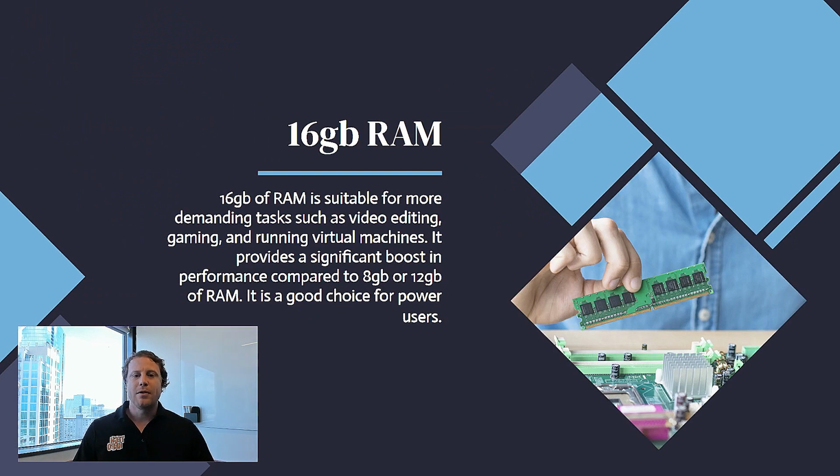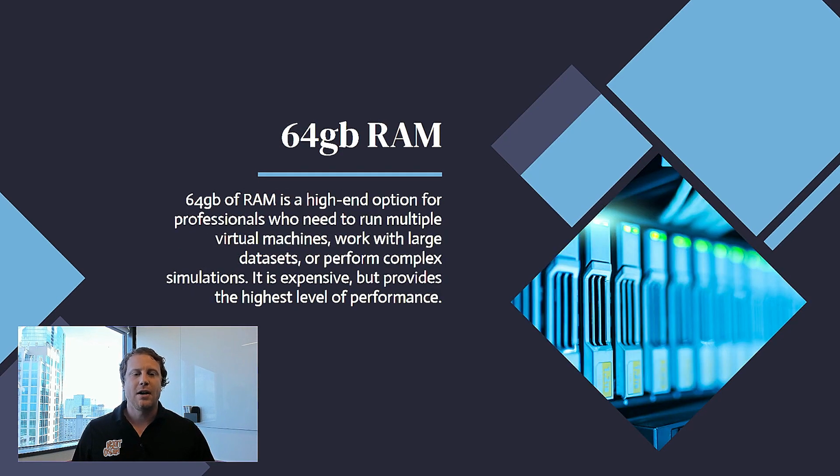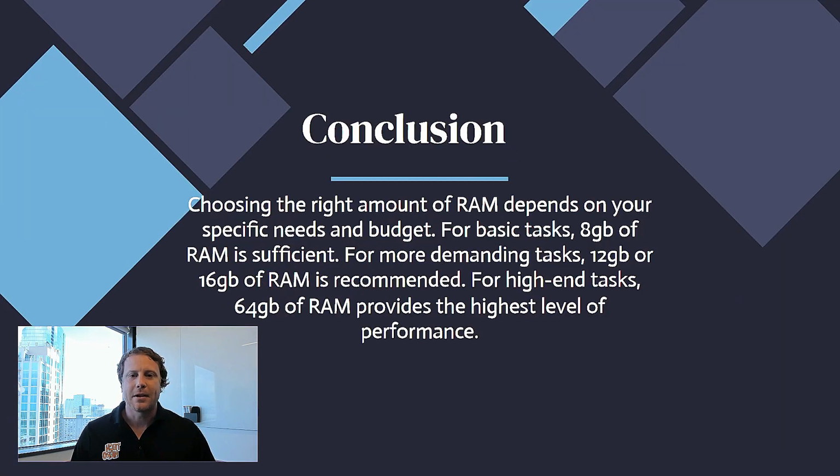And then as you work your way more towards 16 gigs, this would be great for Adobe, Photoshop type applications, maybe some AutoCAD. And then if you want to go full on and you have maybe a server, or you're doing some very high-end applications like AutoCAD or 3D rendering, engineering type situations, 64 gig RAM for your computer might be the best option.